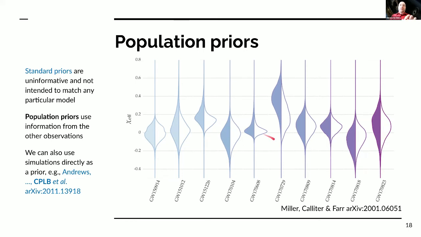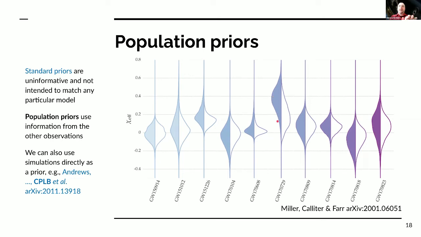For 170729, this is the most notable difference. With our standard priors, just considering our event on its own, we can infer quite a high chi-effective. Now this is unusual. Given what we know of the other events, which mostly have chi-effective around 0, we're more inclined to believe that this has a lower chi-effective.